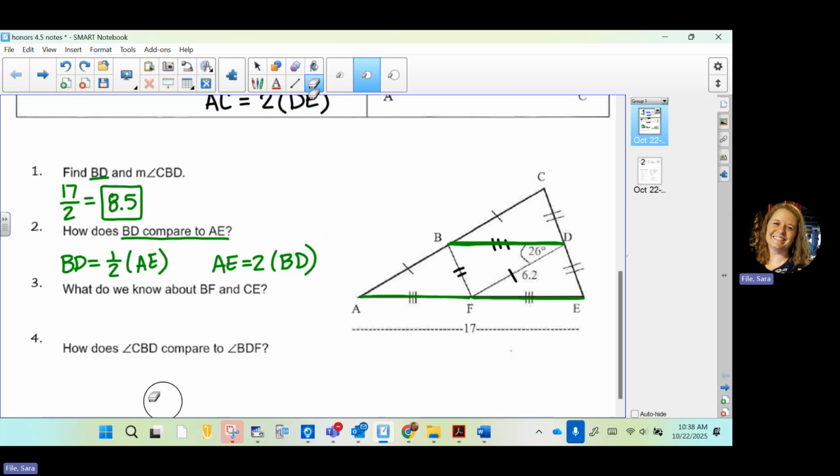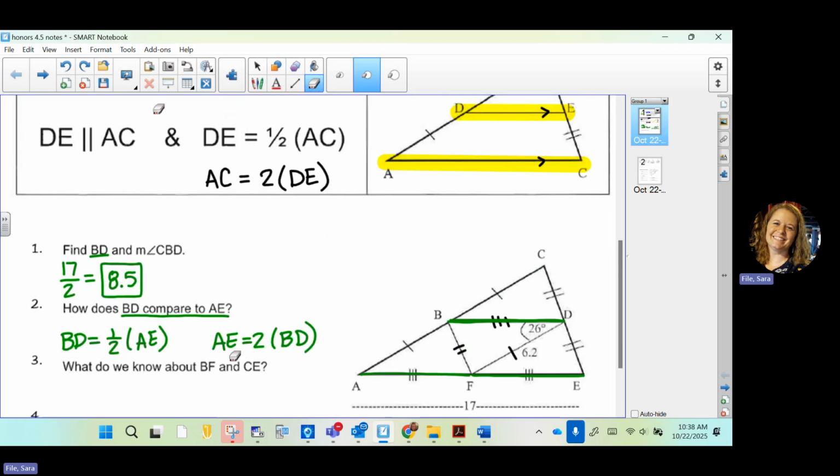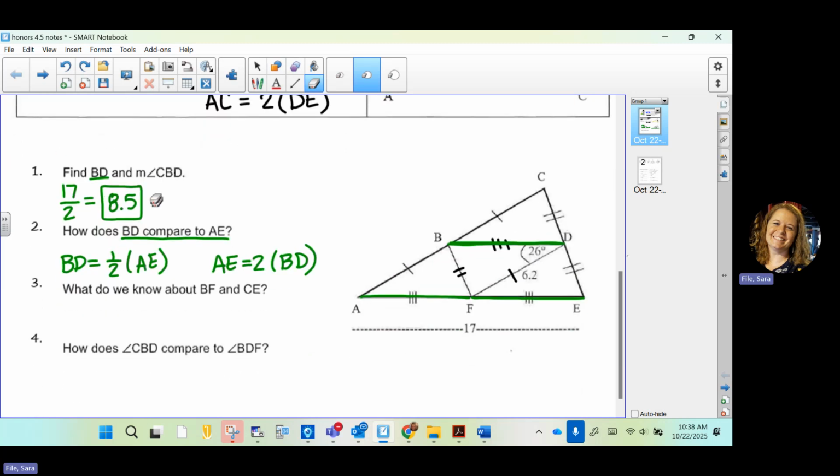Besides the side length, what else could you tell about those two? What did we say up here? They're parallel. Okay, you need to know that they're parallel because that's what we're going to use to find missing angle measures, are parallel lines and transversal relationships.